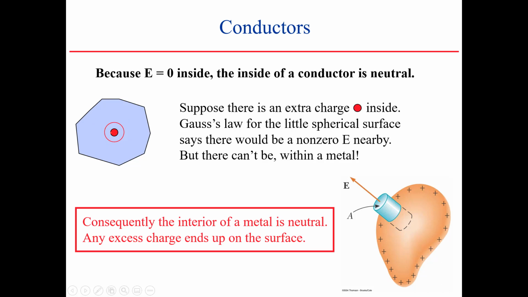So if this is positive Q for example, a charge equal to negative Q gathers here to cancel it out, such that the portion inside the conductor is still 0 or neutral. Okay?